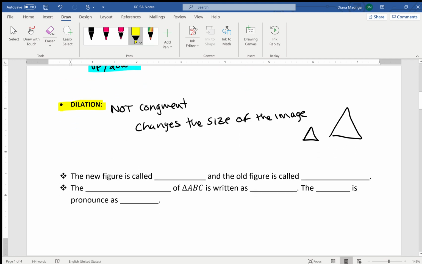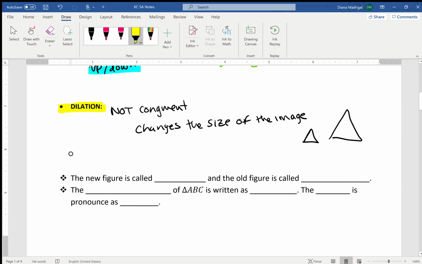Another thing that we need to talk about is the way we name these, the way I talk. I'm pretty sure you've heard how I was saying B prime, A prime, pre-image, image. So we need to understand that the new figure is called the image. The old figure is called the pre-image. Remember, pre means before, English class, right?